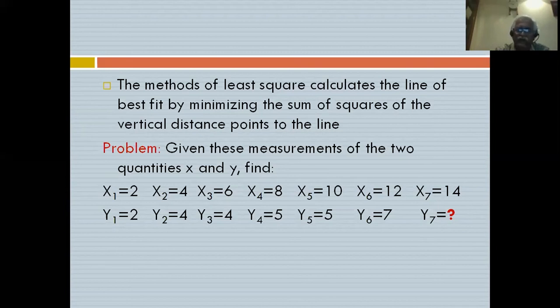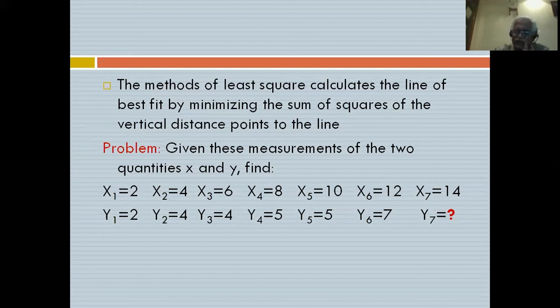Now these are the values of x and y. x1 is 2, x2 is 4, x3 is 6, x4 is 8, x5 is 10, x6 is 12, x7 is 14. And we get y1 is 2, y2 is 4, y3 is 4, y4 is 5, y5 is 5, y6 is 7, and for y7 we are asking a question.